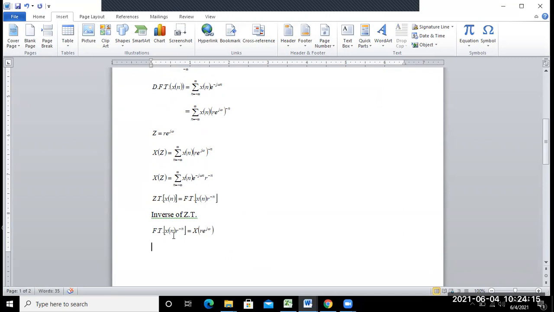So xn r to the power minus n equal to the inverse of the Fourier transform of X r e to the power j omega. Okay.